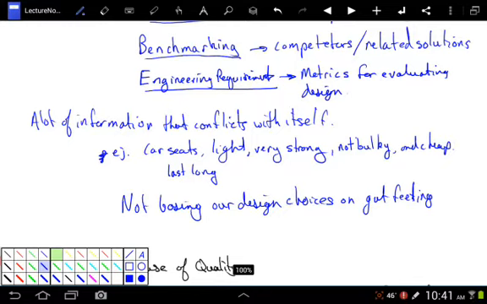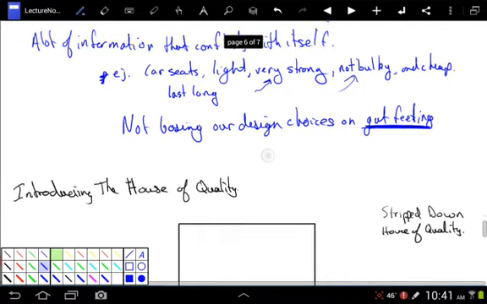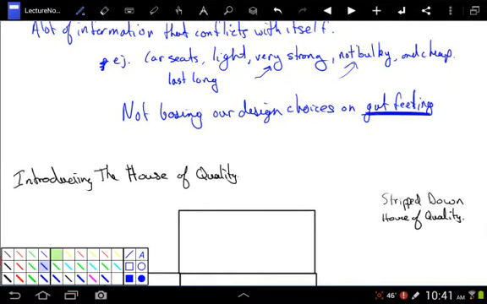Right. We're not basing our design choices on gut feeling, okay? So even though we might really want to make our car seats very strong, it may turn out that it's far more important to have it not be bulky, okay? And that's the kind of thing we're going to try to discover today. And the tool we're going to use is the house of quality.